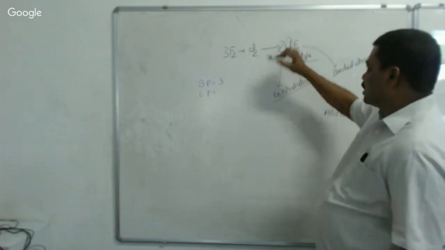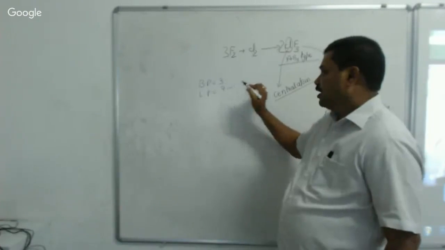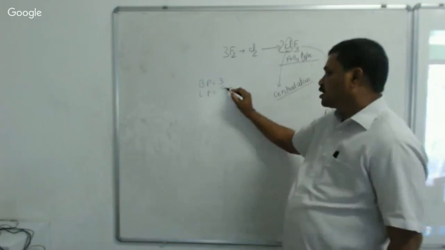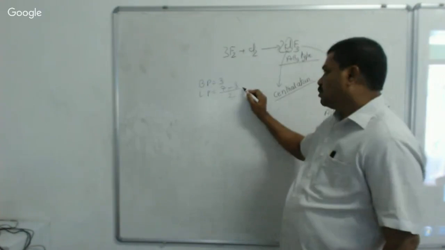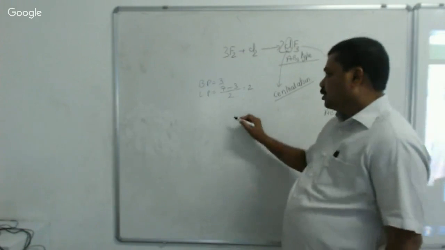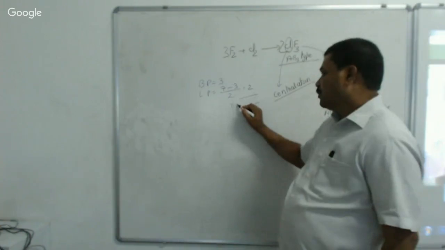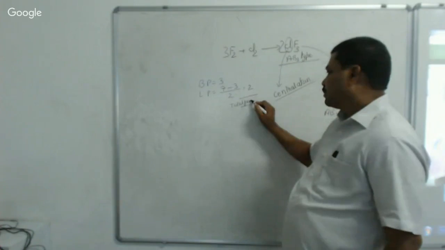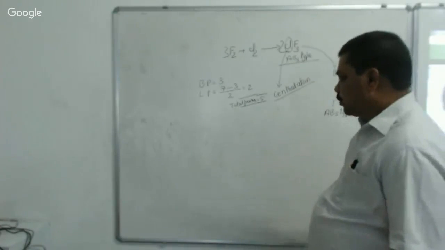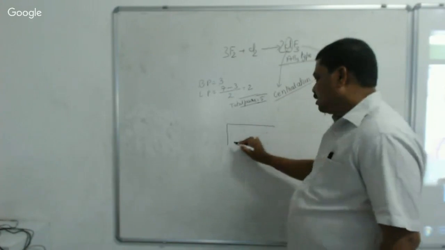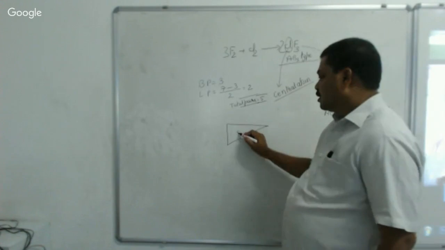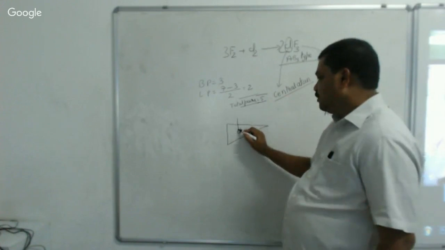What are the number of valence electrons in central atom? 7, ns2 np5. Minus how many bonded atoms? 3 fluorines form 3 bonds, divided by 2. So BP 3, LP 2. Total pairs are 5. When total pairs are 5, what is the expected shape and hybridization? sp3d. Very good. It should be sp3d.